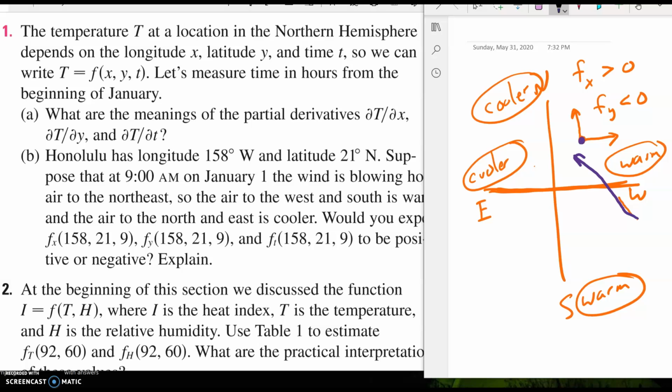So F as a function of time is positive because at this point, remember, x and y are being held constant when you're looking at the partial derivative with respect to time. So in other words, there's no movement of the place. It's a movement of the temperature. So the temperature is warming up, and therefore the partial derivative of temperature with respect to time is positive.